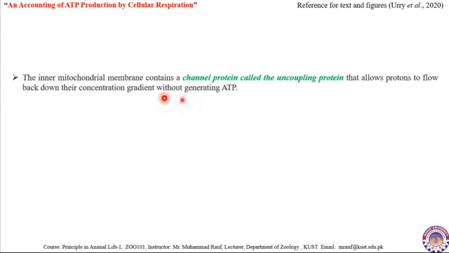Now recall the statement from the previous slide that some of the organisms willingly produce less energy from the breakdown of glucose or other organic molecules, and therefore these organisms have another channel instead of ATP synthase, which helps in the movement of protons into the mitochondria again without the production of energy.